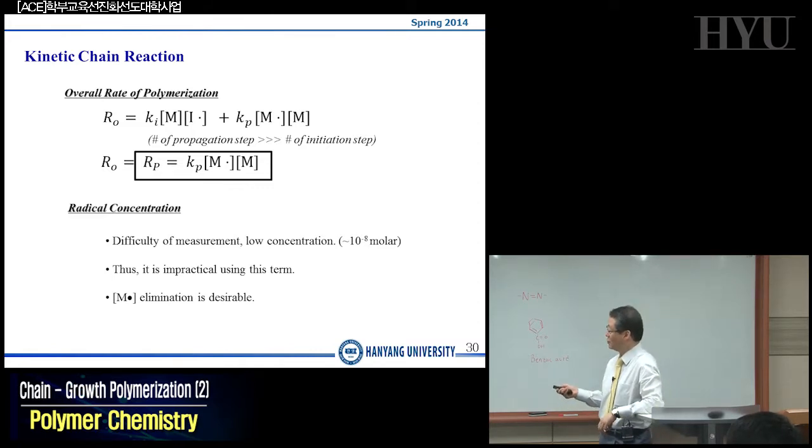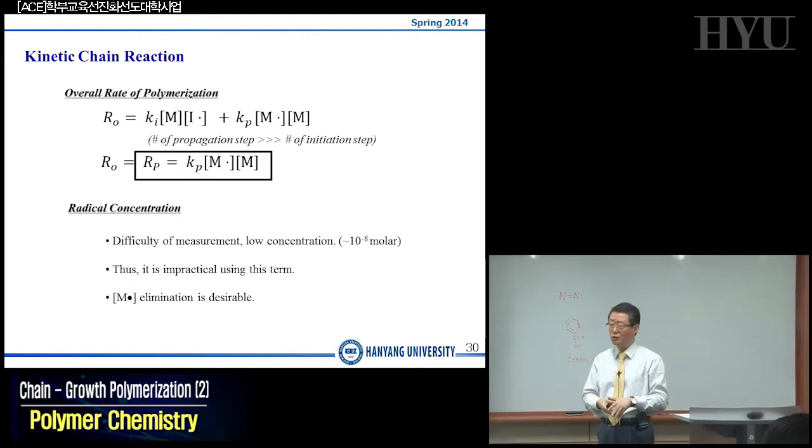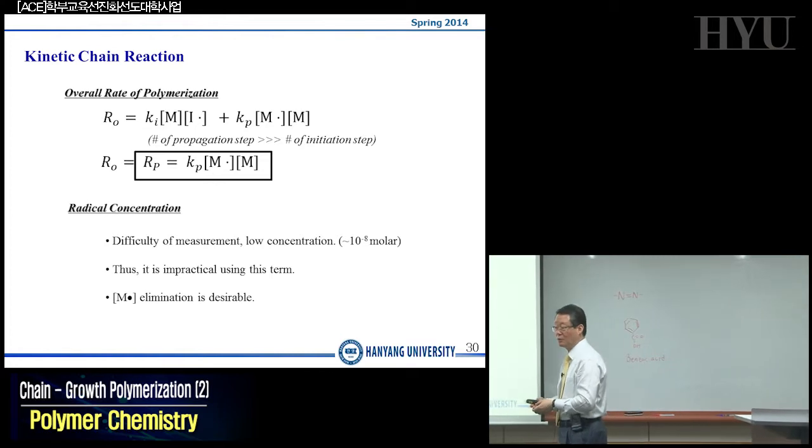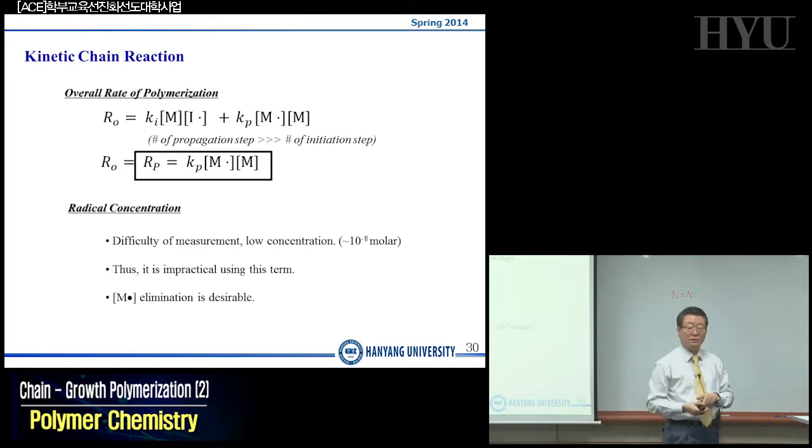Because the concentration of this radical is very low, in order to determine it, what we should do is put this radical species into nitrogen at a low temperature, like minus 190 degrees C, and then ship it to the resonance measurement system called ESR, electron spin resonance, and measure the electron spin in the magnetic field, and determine the concentration. But it's not easy, and it's very tedious.